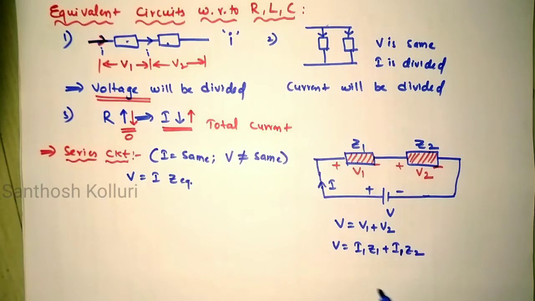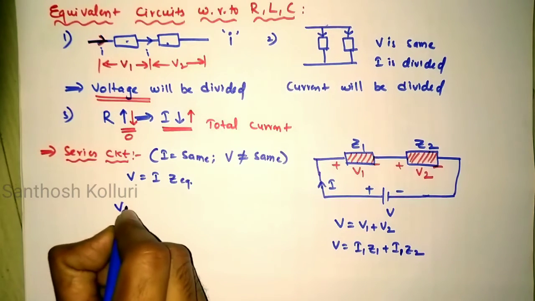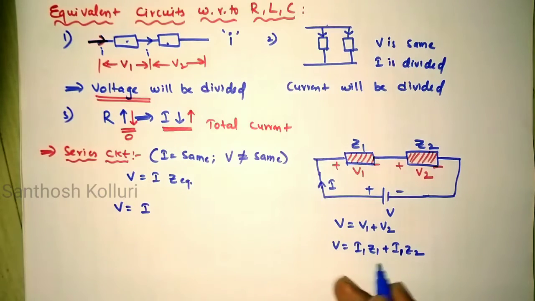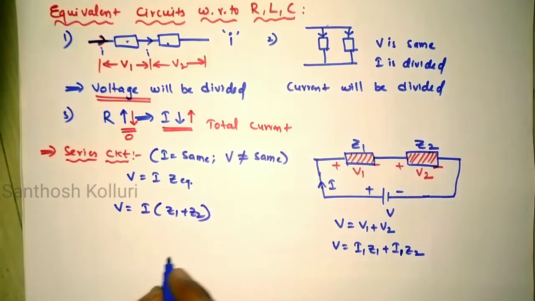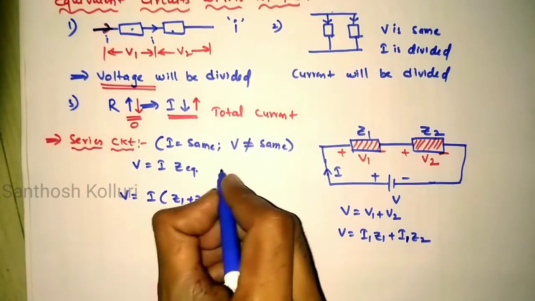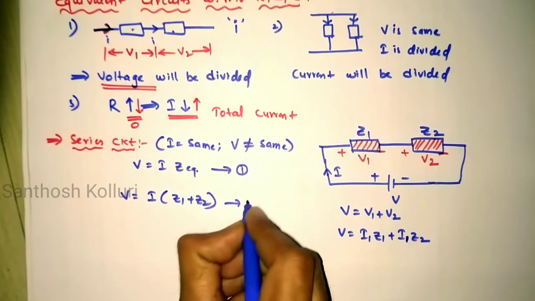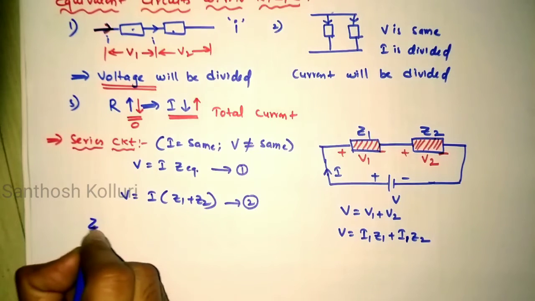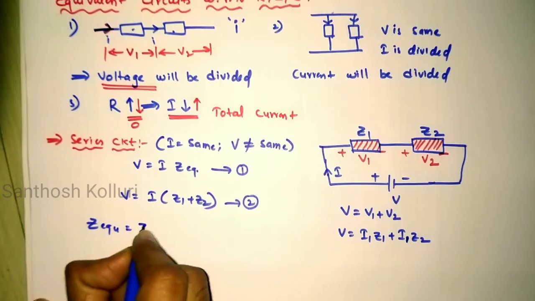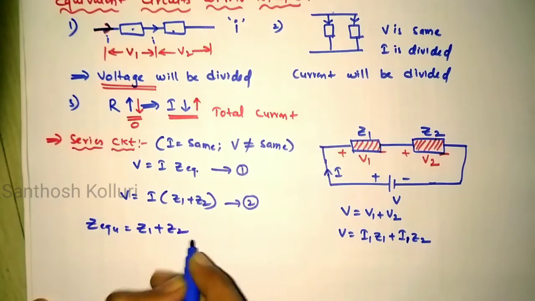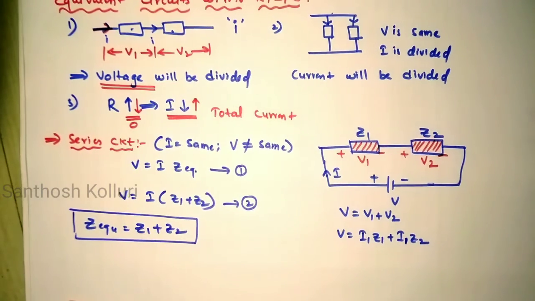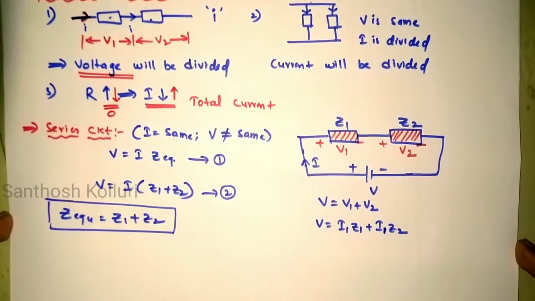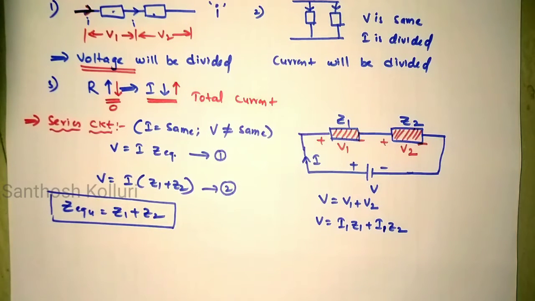So V is equal to I into (Z1 plus Z2). If you compare these two equations, Z equivalent is equal to Z1 plus Z2. In series elements, the total equivalent impedance is the algebraic sum of all the values.